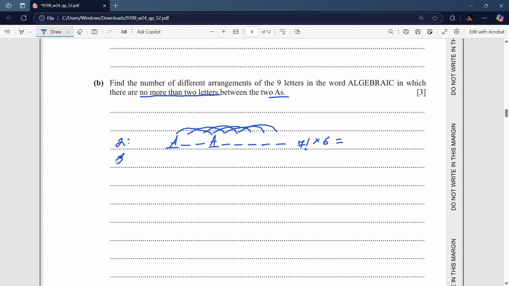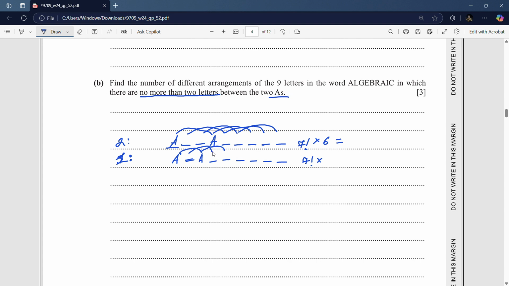And we can put 1 letter between the A's. So again we have 7 factorial for the other letters, and this time we can change the places of the A's by putting only one letter between them.